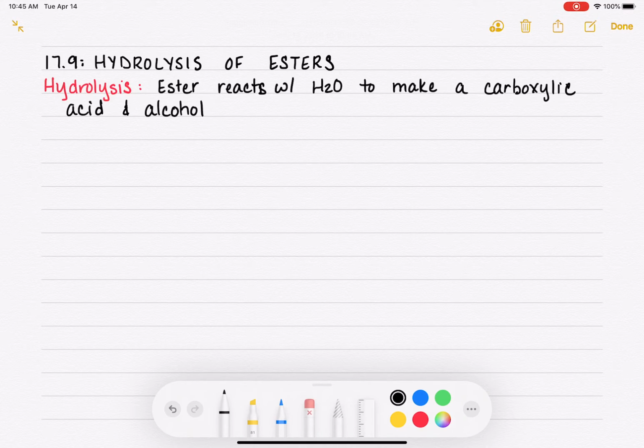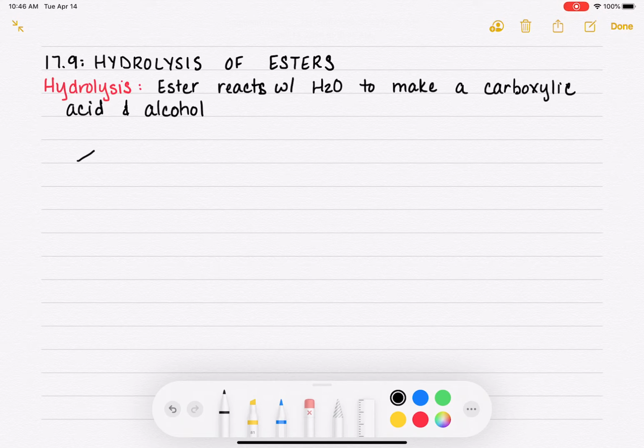And if you're really clever, you might be saying, wait a minute, that's the opposite of what we just did. We just did a carboxylic acid plus alcohol makes an ester. Now we're doing ester makes a carboxylic acid and an alcohol. And that's accurate. We are undoing the reaction that you just learned.